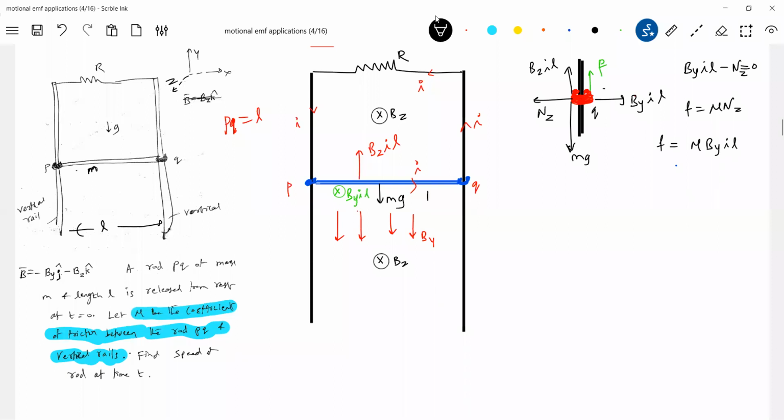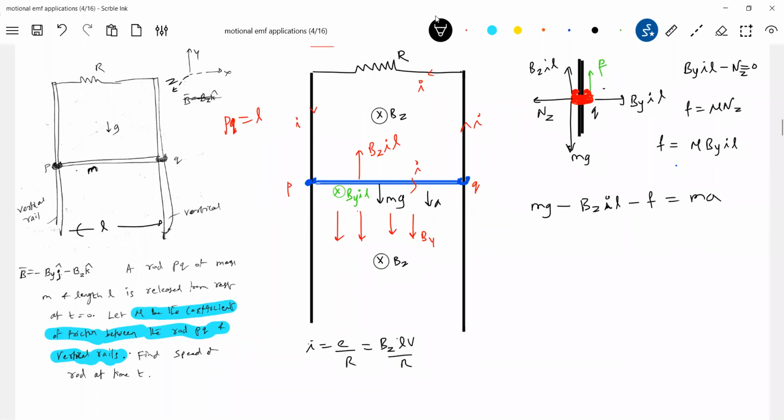Let's write the equation now. It will accelerate: mg minus B_z I L minus F equal to ma. What is I from Faraday's law? I equal to E by R, and this should be equal to B L v by R. Which B should you write, B_y or B_z? B_z it should be, not B_y.